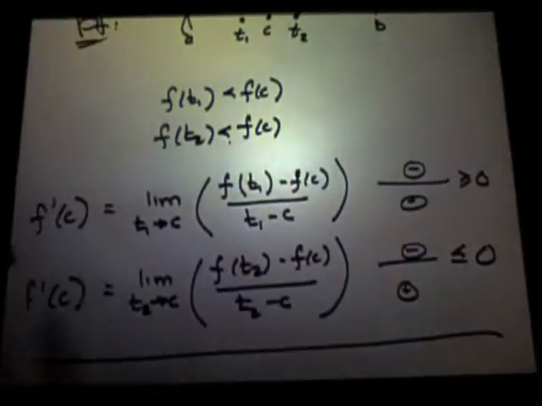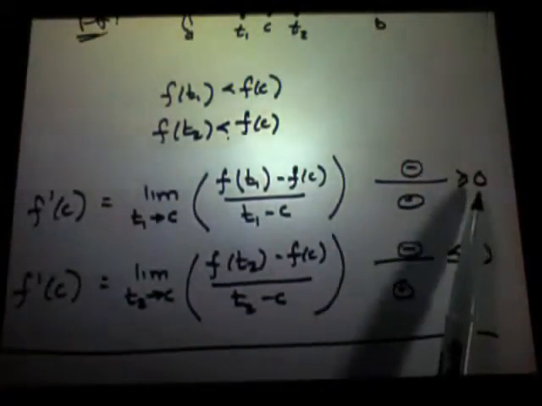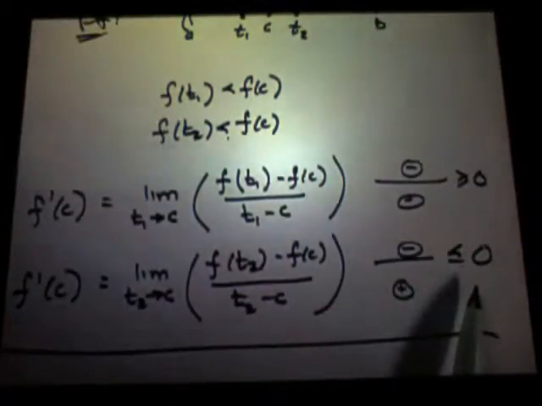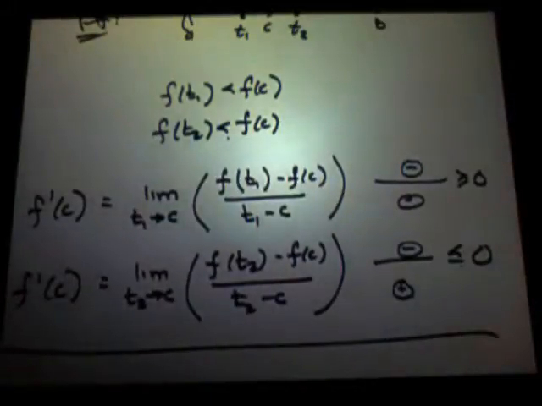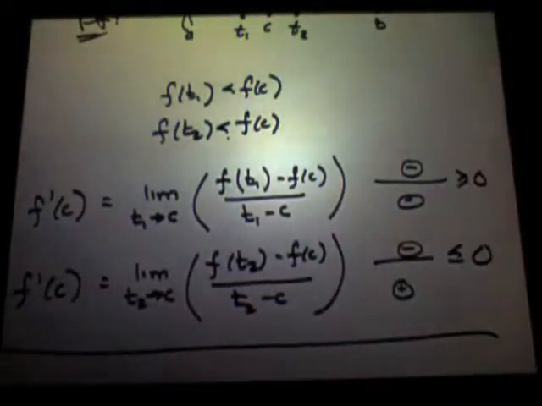So if I use the Newton quotient from the left, I get something greater than or equal to 0. The Newton quotient from the right, less than or equal to 0. Since it's differentiable, these two things have to be equal. The only way that can happen is if it's zero.